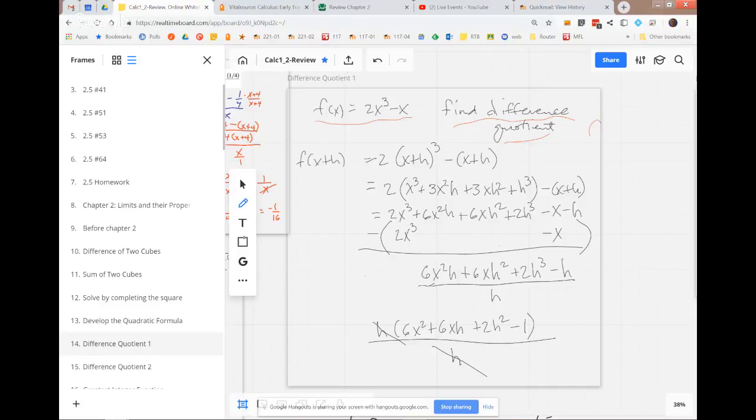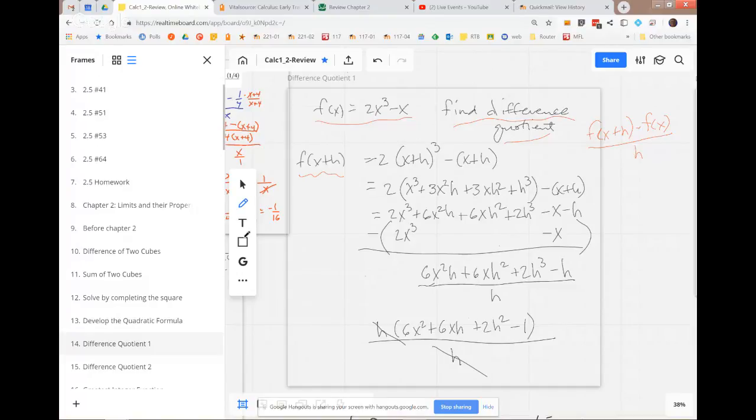It's f of x plus h minus f of x, all over h. That's really what you're trying to do. So you notice how I began, I've got to find f of x plus h. And that probably is the hardest part of the problem. Everywhere there's an x, you've got to plug in an x plus h and hammer it out. You can see with a cube, this is a challenge.